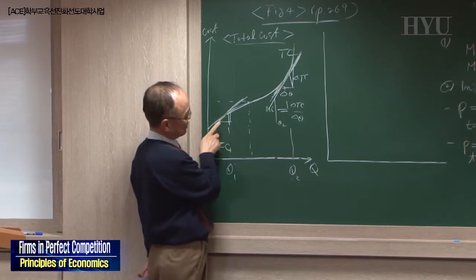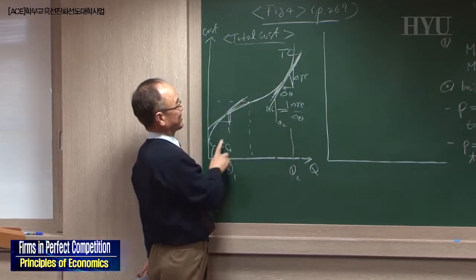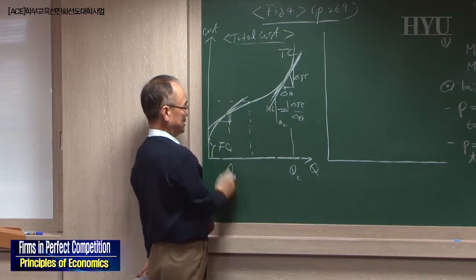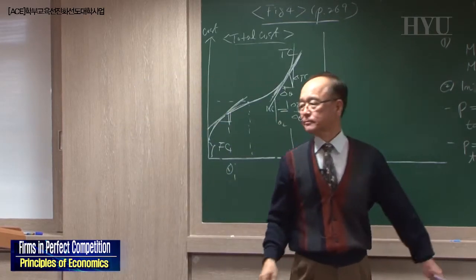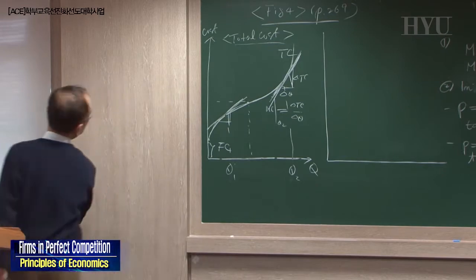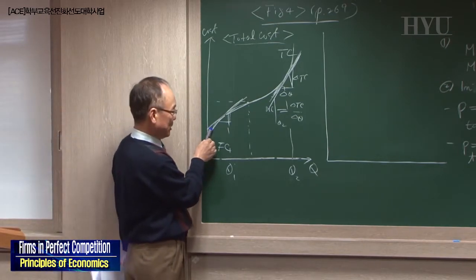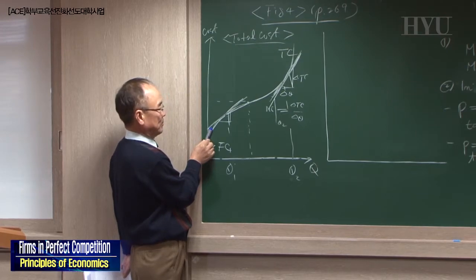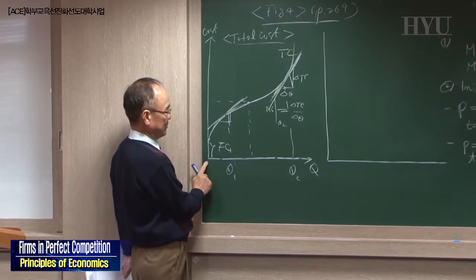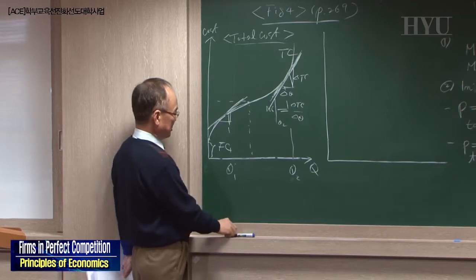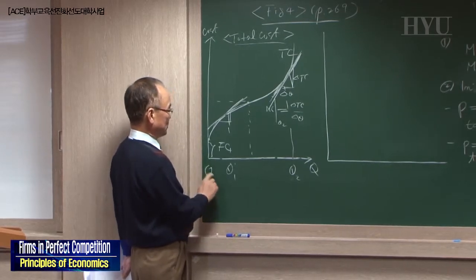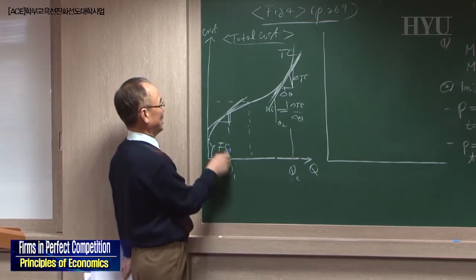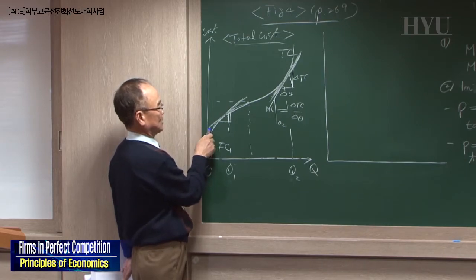Then from this unique shape of the total cost curve, initially what happens to marginal cost? Initially you start with a certain number, not 0 and not infinity. Even at quantity 0, we have a defined slope right here.